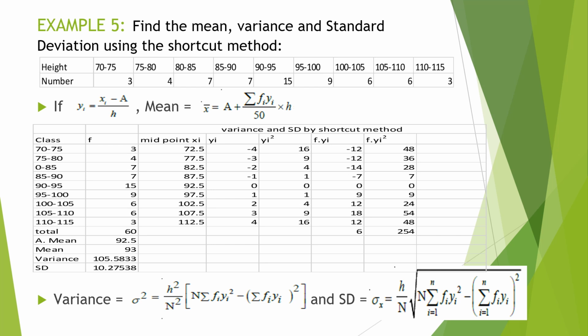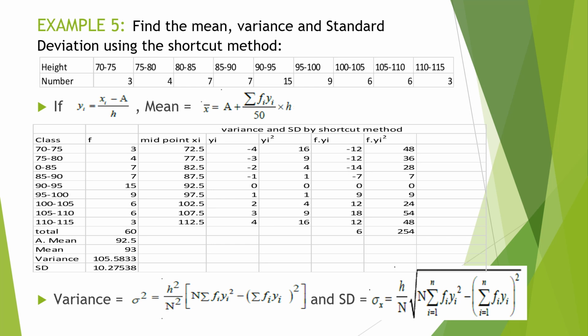So for the first class, xi minus a upon h, that means 72.5 minus 92.5 upon 5. Class length is 5. So that will give you minus 4, and so on. You find out all the yi values for all the classes. Then you find out yi square, that means just square this term.